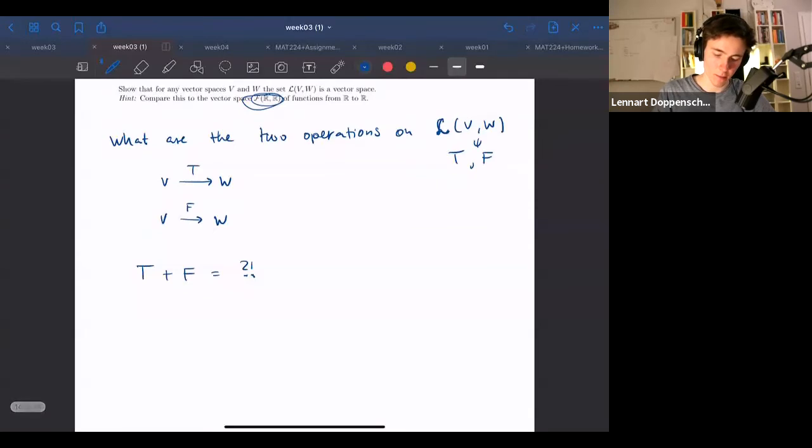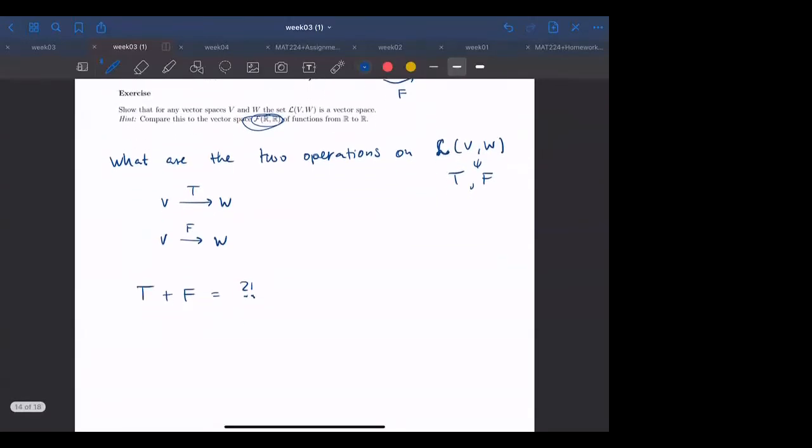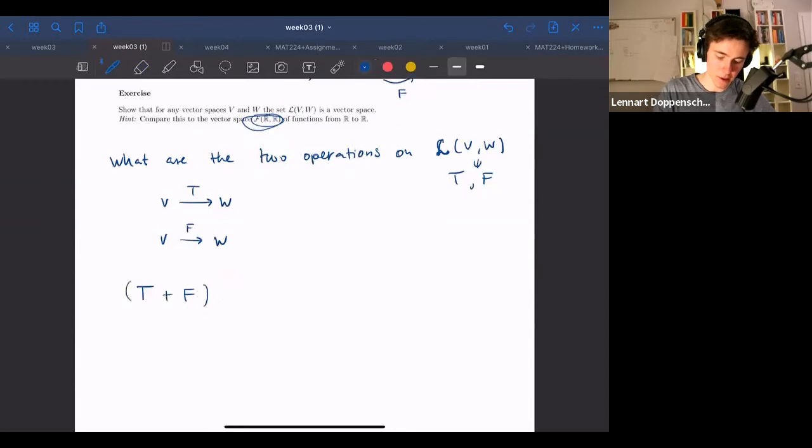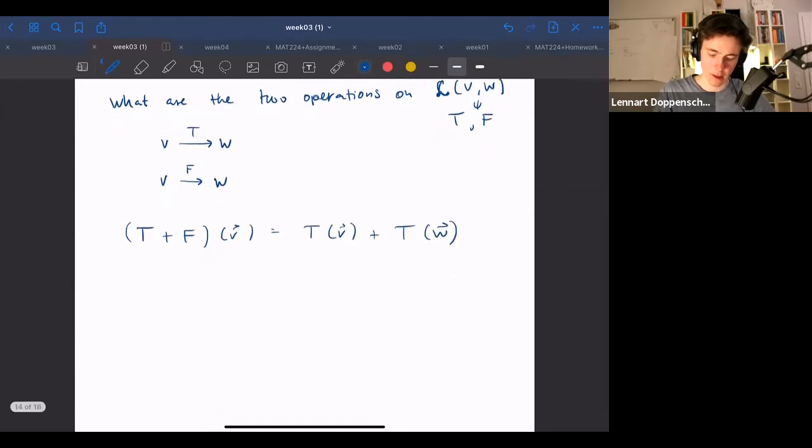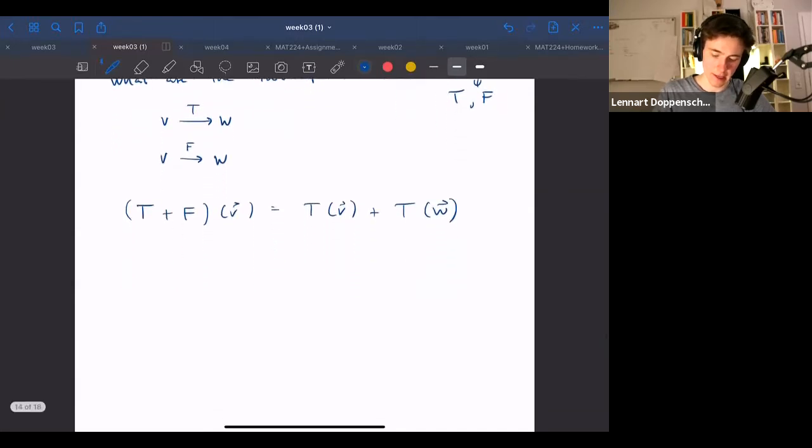So what I'm proposing is that when we apply T plus F to a vector v, this is just T of v plus F of v. And now this is the summation in W, because W is a vector space.